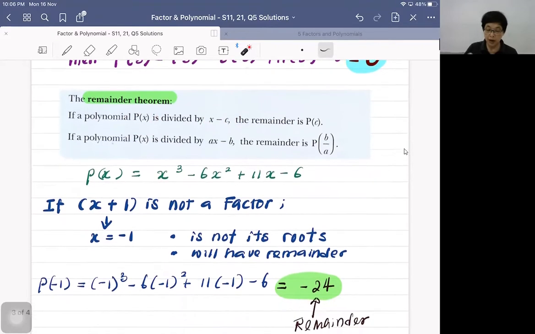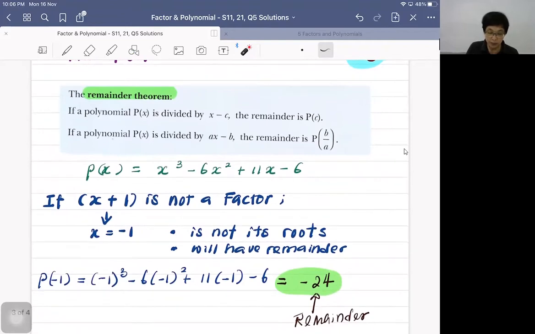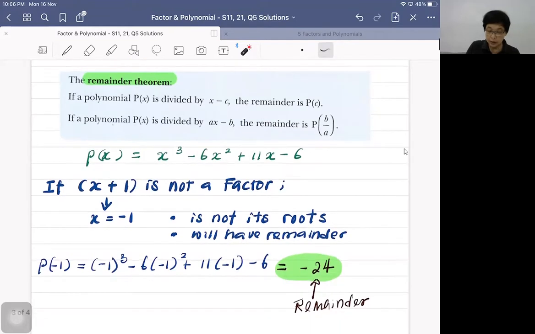For further understanding, I've shown it here. If x plus 1 is not a factor of p(x), the example that we used just now, then from the x plus 1, we are able to draw out the value of x as -1. This shows that it is not one of its roots.